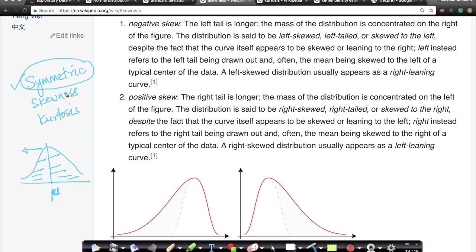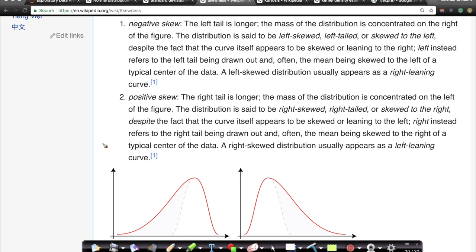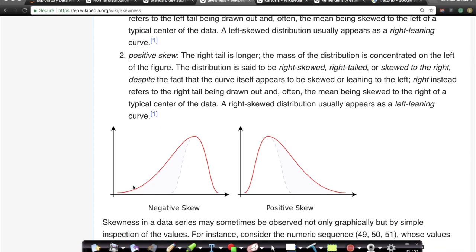Now, to quantify or understand non-symmetric distributions, there is an idea of skew. This is the page on skewness on Wikipedia, and we have something called a negative skew and a positive skew. Let me explain visually, because that's the easiest way. If your distribution was like this, it would have been symmetric.